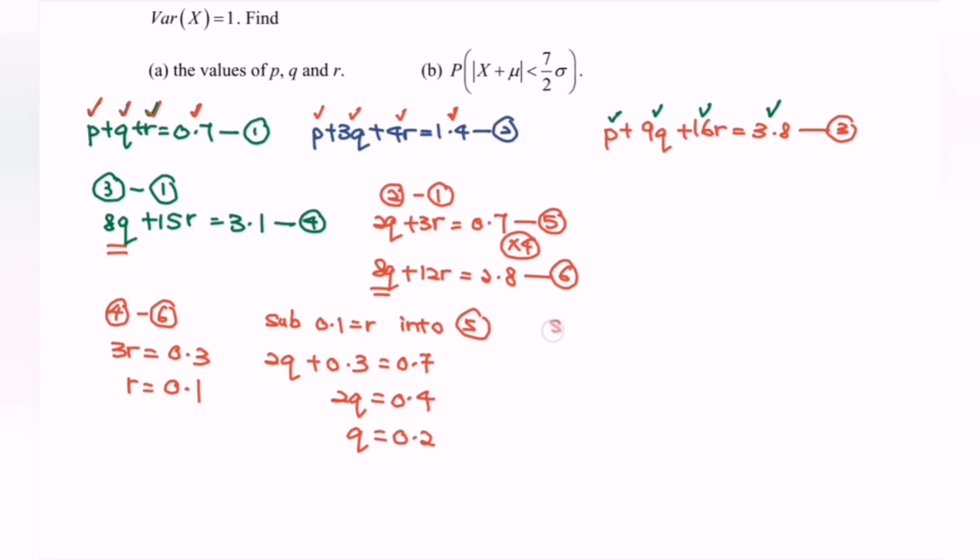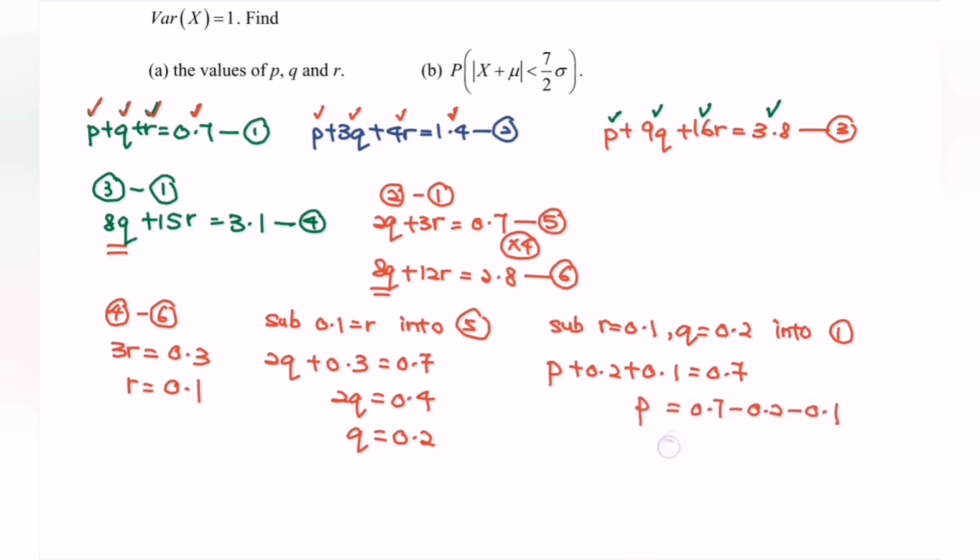Next, substitute R equals 0.1 and Q equals 0.2 into the first equation. So P plus 0.2 plus 0.1 equals 0.7. So P will be equal to 0.7 minus 0.2 minus 0.1. Finally, P is equal to 0.4.